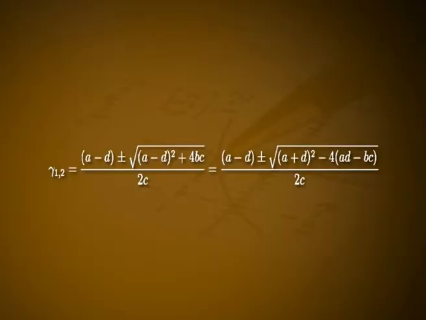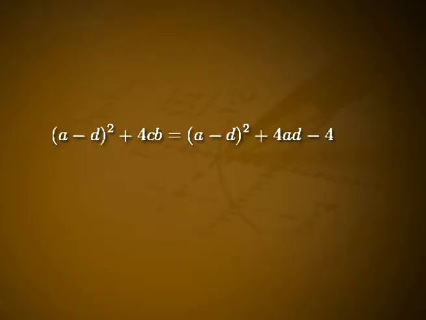The roots are gamma 1,2 = (a minus d plus or minus the square root of (a minus d) whole squared plus 4bc) divided by 2c, that is equal to (a minus d plus or minus the root of (a plus d) whole squared minus 4(ad minus bc)) divided by 2c.